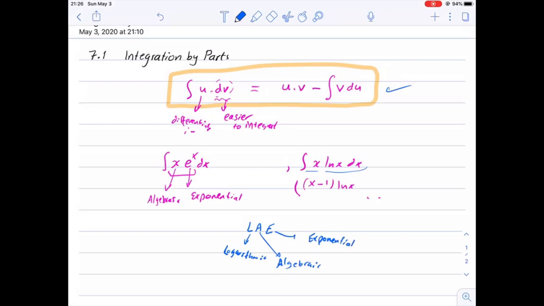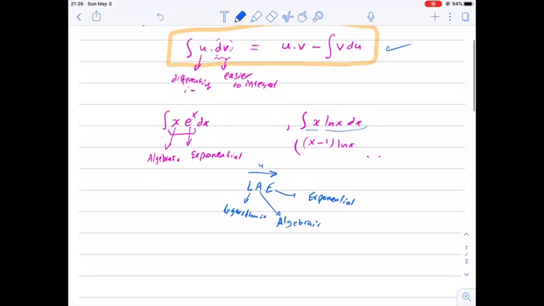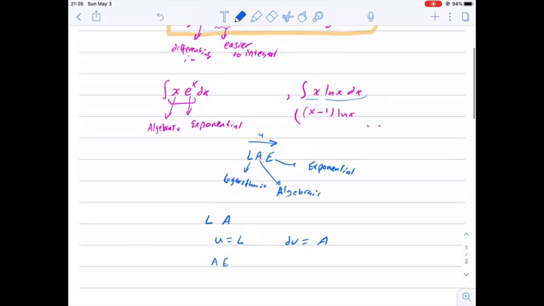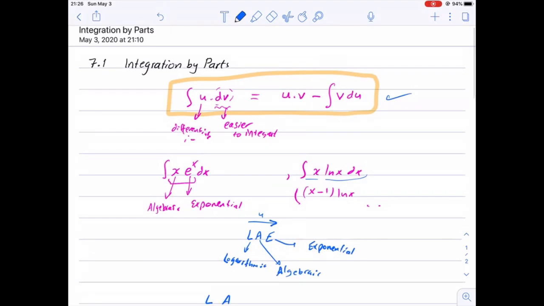So in this section we deal with these three classes of functions. The priority is in this direction for u. So if we see logarithmic and algebraic, we use u equals the logarithmic, and dv is the algebraic. If we have algebraic and exponential, as we can see here, we have algebraic and exponential.